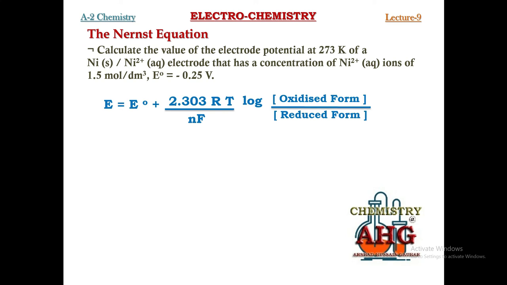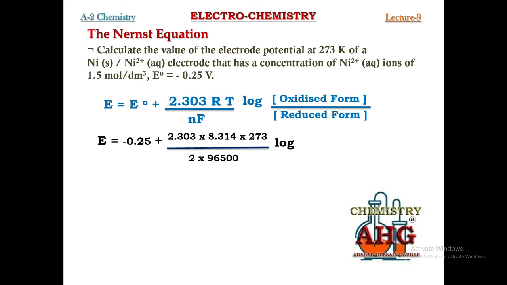Okay students, if you have done, just check your answer. E naught is negative 0.25 volt plus 2.303 times 8.314, which is the standard value of our universal gas constant. Temperature given is 273 Kelvin. n, the number of moles of electrons, for nickel is changing from 0 to 2 positive, so n will be 2, and F is Faraday's constant, 96,500 coulomb.